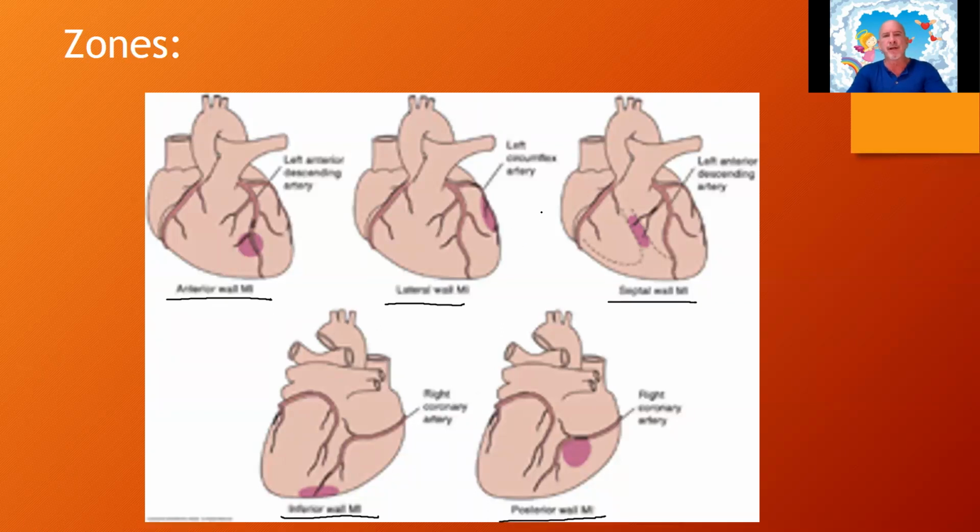Those areas are affected by different vessels. For example, if at the very distal end of the right coronary artery, the RCA, you get a blockage, you're going to have an inferior wall MI. This is important because when we do an ECG or EKG on a person, the electrical current shows us what area of the heart was affected.